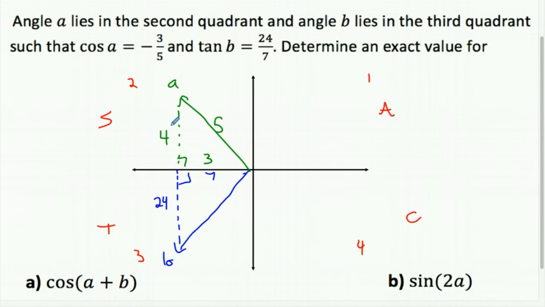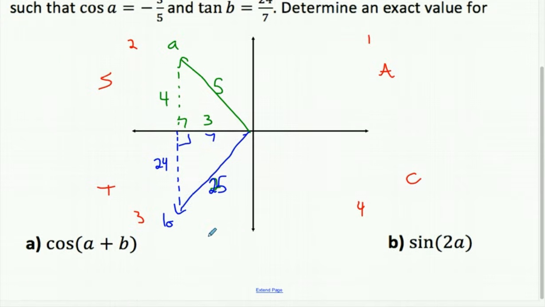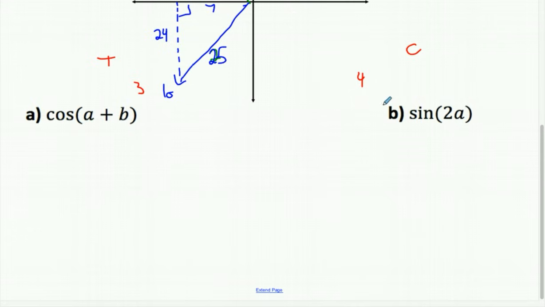And then I could also do 24 squared plus 7 squared, which gives me 625, and if I square root that, I figure out that the hypotenuse is 25. So I have all the sides of both of these triangles, so I could get any of the trig ratios I want for both angle A and angle B. I'm going to be able to answer both of these without actually solving for the angles.